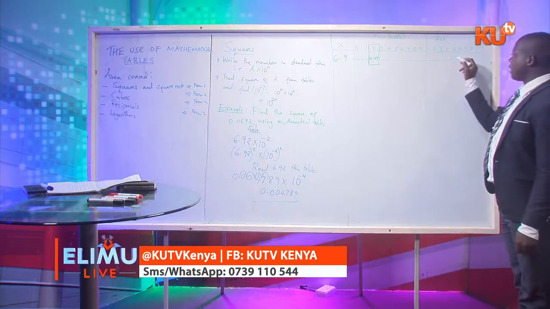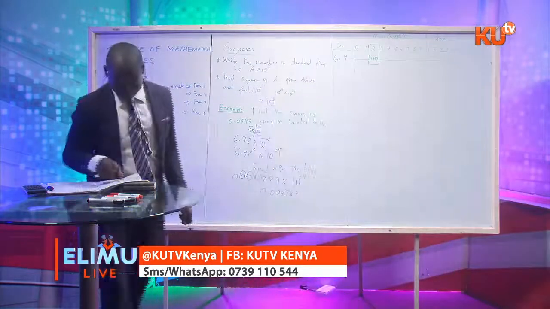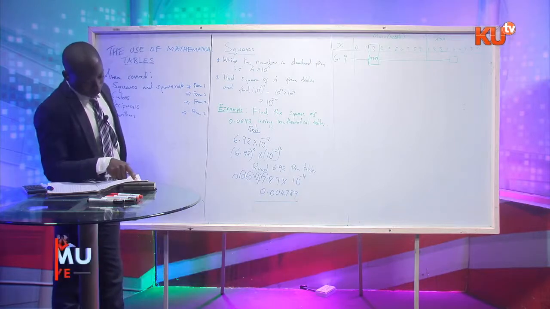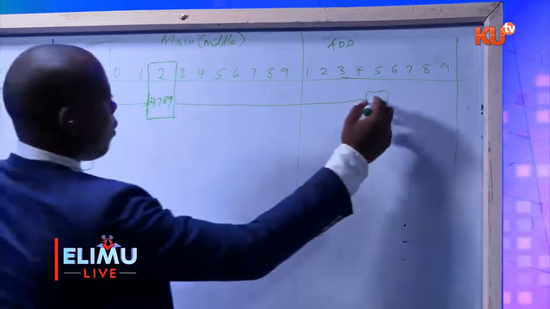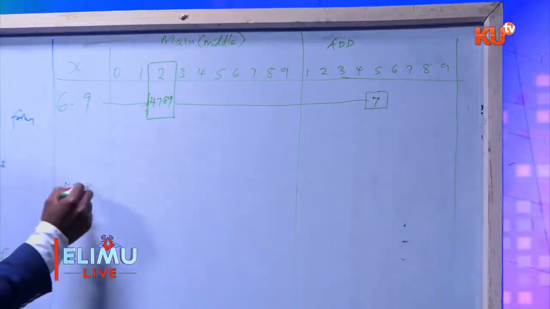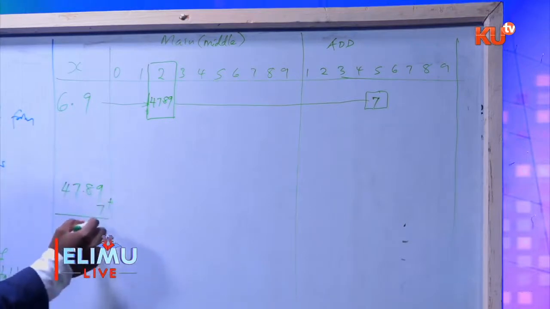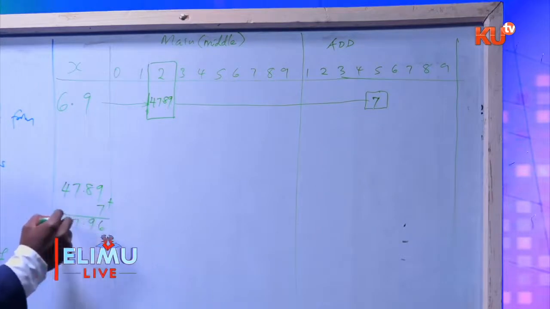Assuming it was 6.925, under 5 the table has 7. So if that was the case, then we will take 47.89 and add 7, which is in the addition column, so that this gives us 6, 9, 7, and 4 as our solution.